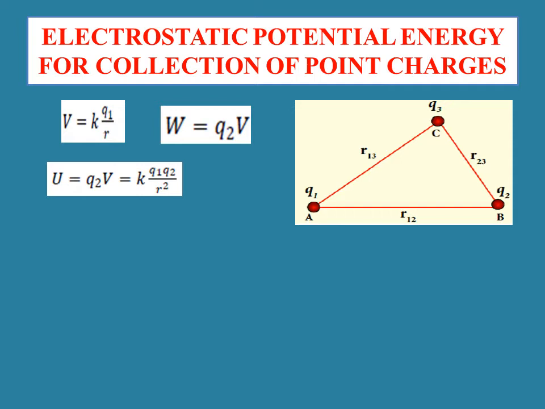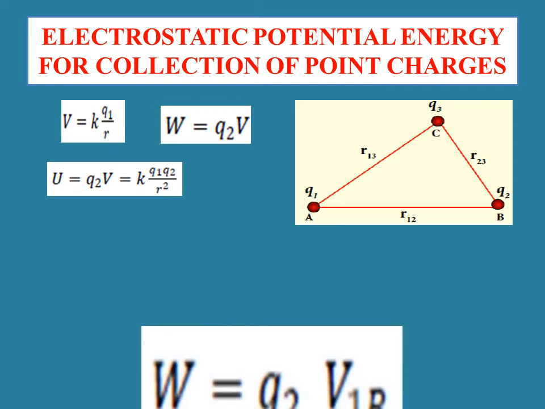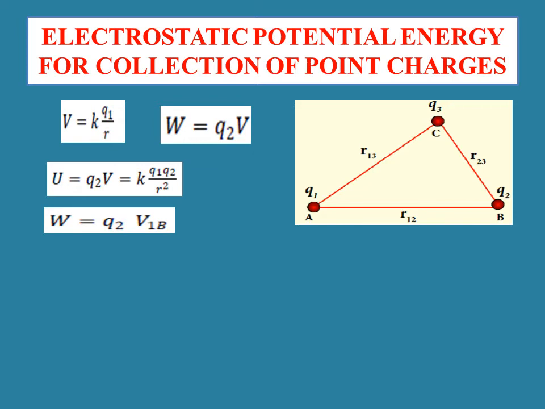at the point A. Then the potential developed due to this will be represented as K into Q1 by R, where K is equal to 1 by 4 pi epsilon naught. Now you bring another charge Q2 from infinity and place it at B, such that the distance between them is represented as R12.